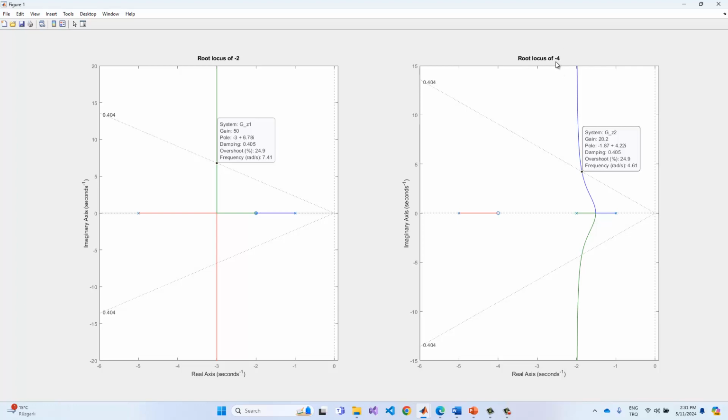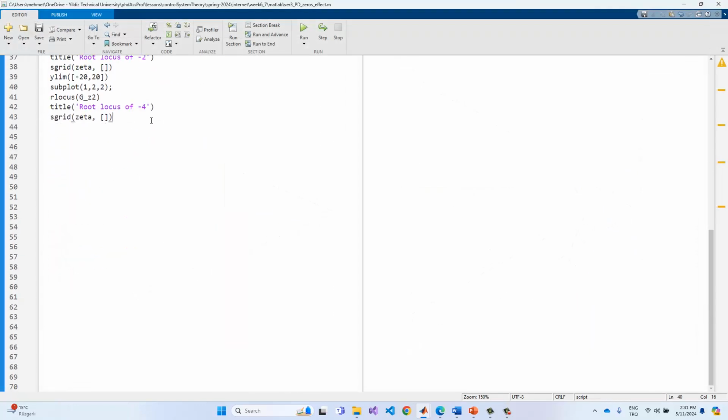Okay, and so we can see the exact values of these terms, and so we need to find the proper value of the k. These are the gain for this case.